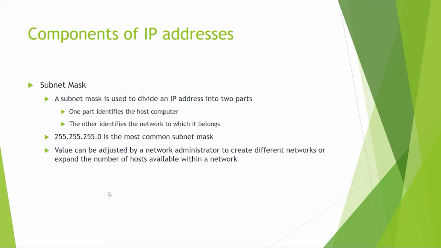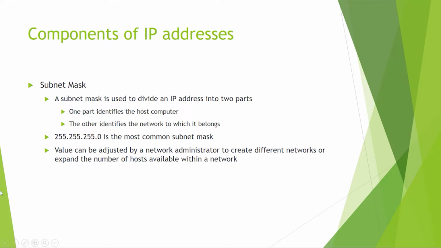So if you wanted to keep some resources separate, for example, maybe at your workplace you have networked computers, but you also have a wireless network, but you don't want them to share resources, you would create a subnet to be able to do that. The subnet mask is what you use to do that. It identifies the IP address into different parts, one part identifying the host computer, the other identifying the network to which it belongs, and using different subnet masks, you can create different possibilities there.